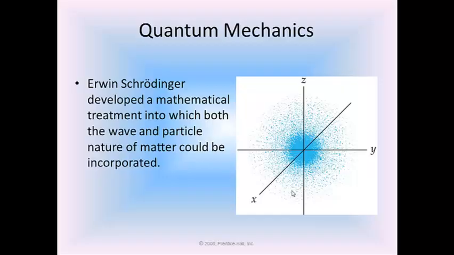Erwin Schrodinger developed a mathematical treatment into which both the wave and particle nature of matter could be incorporated. What you see on the right is a three-dimensional probability map.